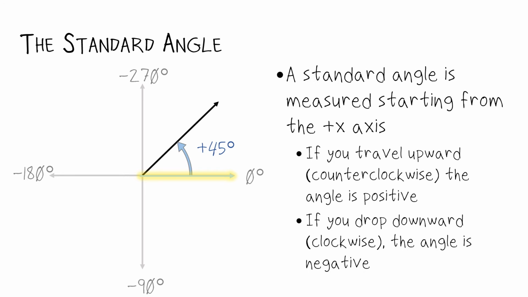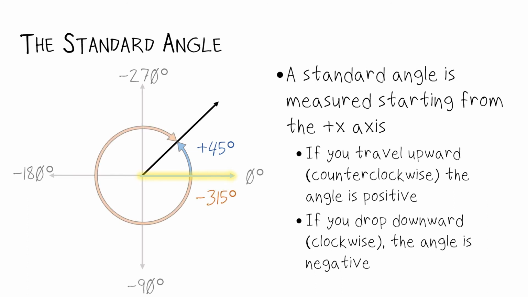Going from 0 down to the negative y-axis is negative 90, because that's the first one that we hit on the way around. Then we go to negative 180, then negative 270, and then we complete the circle.